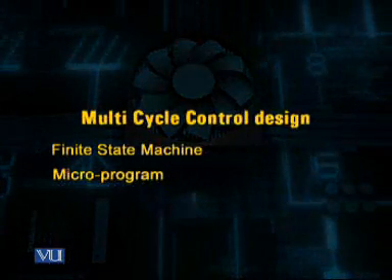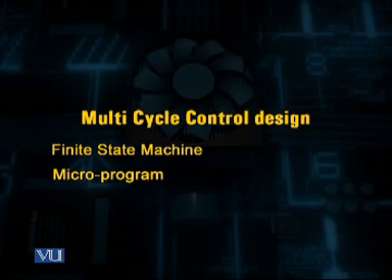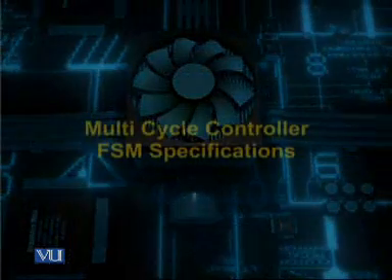Moreover, as the operation of the multi-cycle data path has to follow a particular sequence, we can also use another approach, known as the microprogramming approach, to generate the control signals. So let us first consider the finite state machine based design of the control unit.